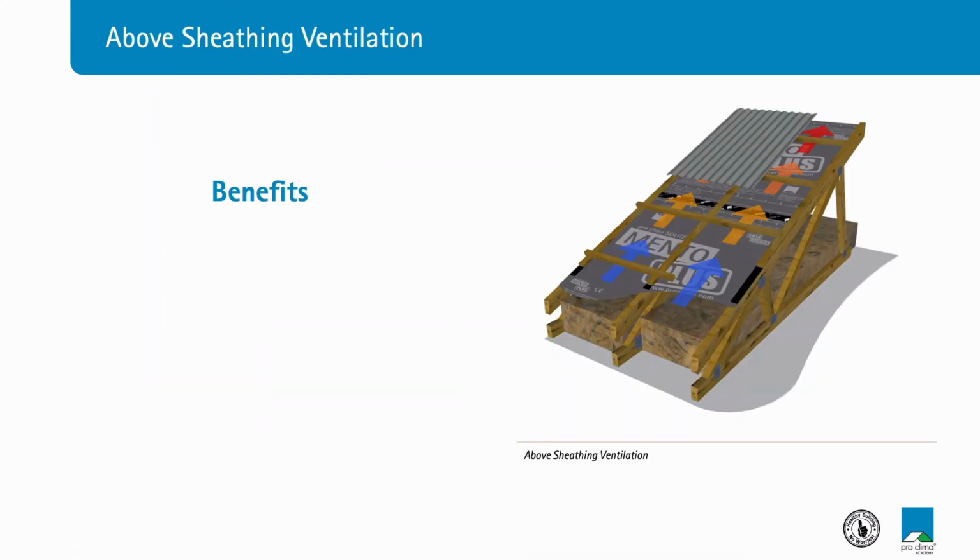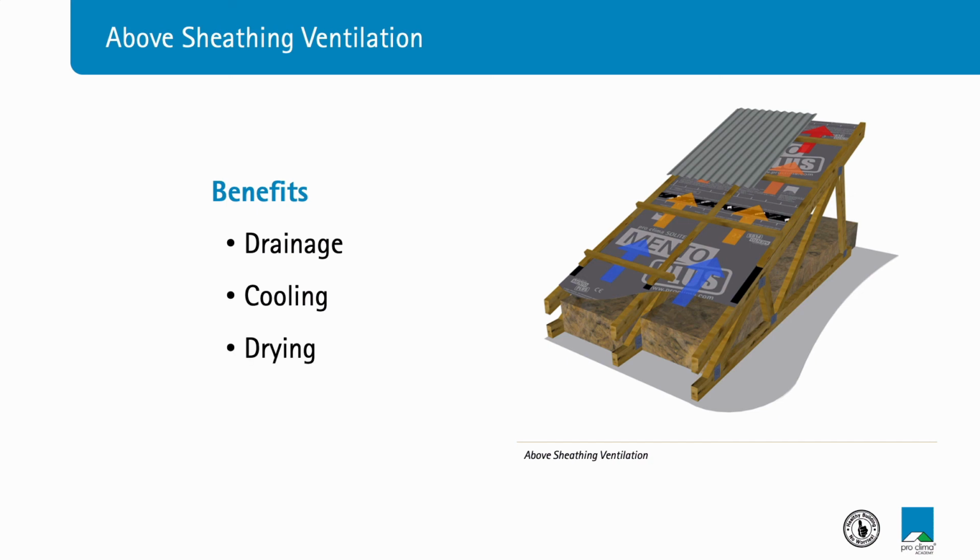So just to recap, the benefits of above sheathing ventilation are that drainage is enhanced because we're getting a free pathway for any liquid water that does accumulate to drain down to the eave. The air exchange helps for cooling, but it also reduces those excessive cold night temperatures as well.